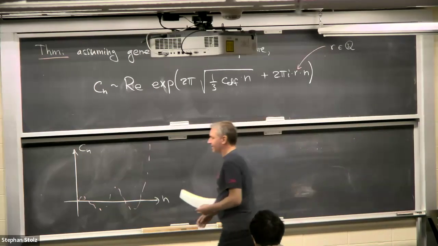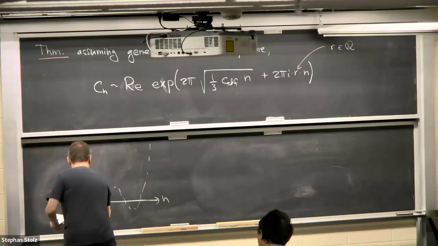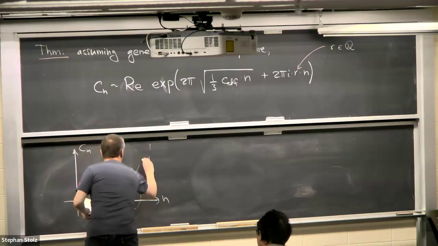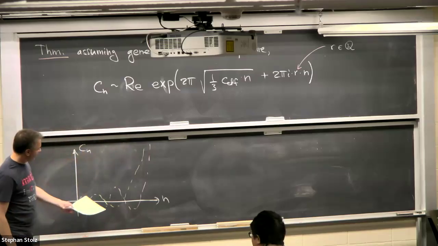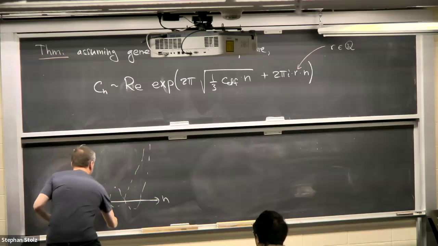Moreover, what you'll find is that there will be several branches, so to say. There will be several branches like green and red, and I'll try to draw another orange one.